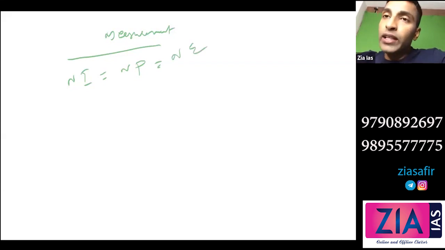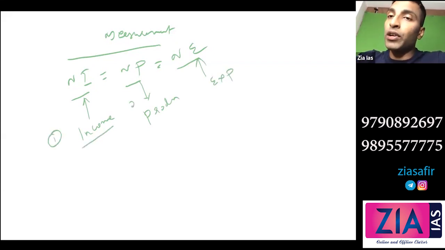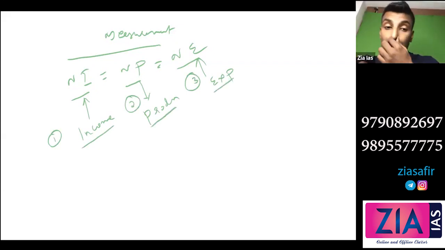So all these are the same: national income, national product, national expenditure. In that context, I can either use the income method, or the production method, or the expenditure method. So these are the three main methods that we are going to discuss when we measure national income.